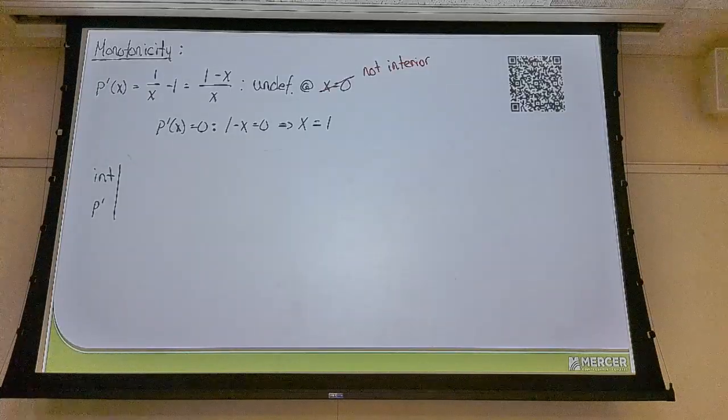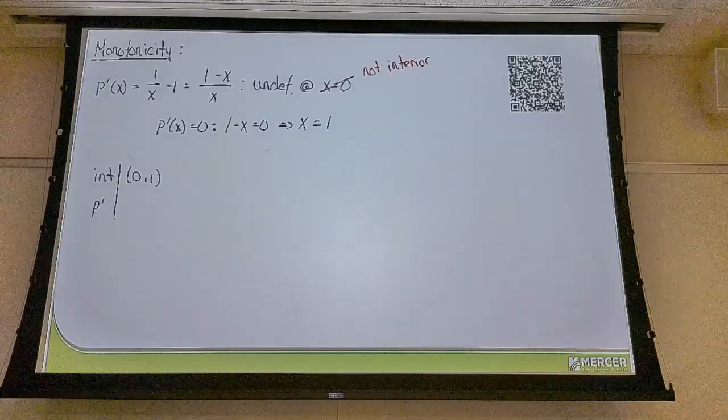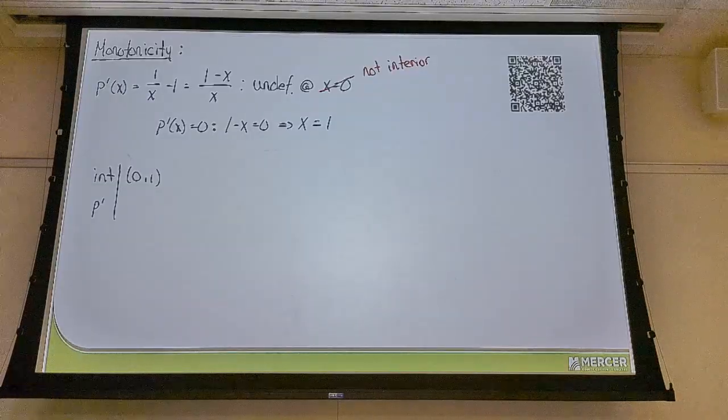What's the first interval? Is it open 0, comma, 1? Good. And 1 to infinity. Why is it 0 to 1 and not negative infinity to 1? Because the domain is 0 to infinity. Remember, you're splitting the domain.